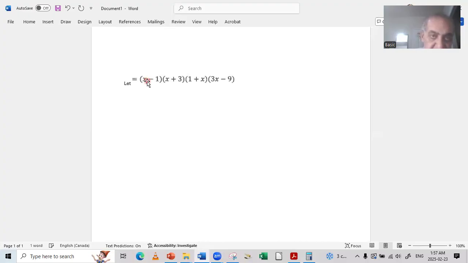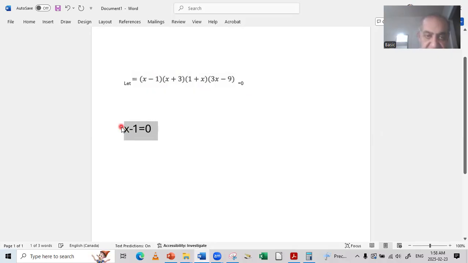Let this amount, Control V, equal to 0. Then this might be 0, or this might be, because those are multiplied by each other. So as an example, x minus 1 equals 0. Let me enlarge it so that you can see it properly. x minus 1 equals 0.